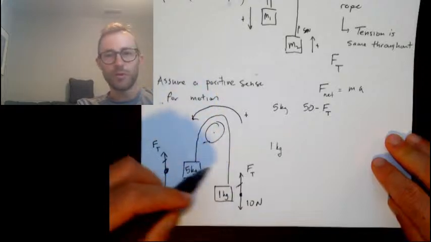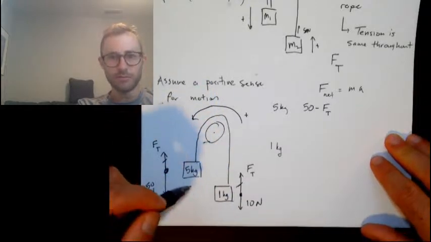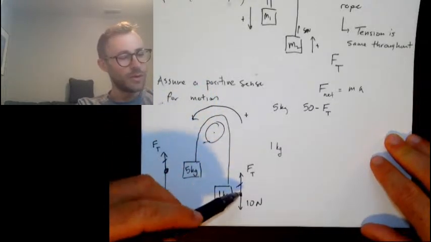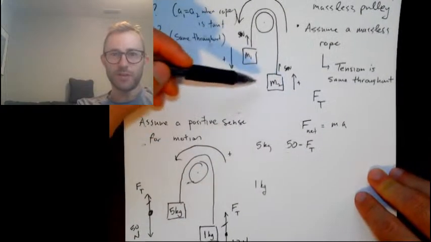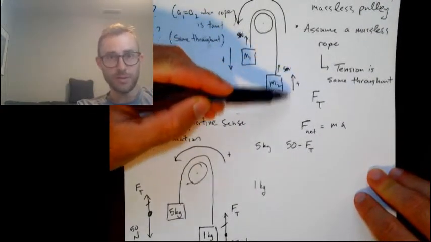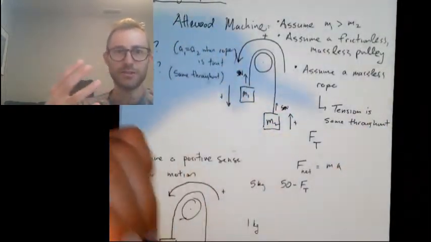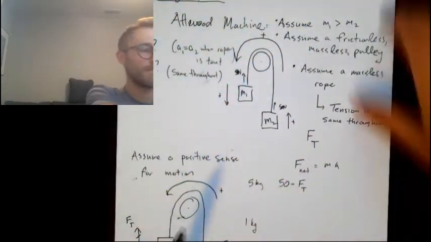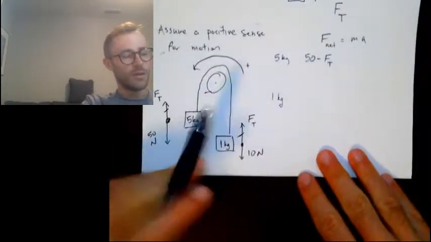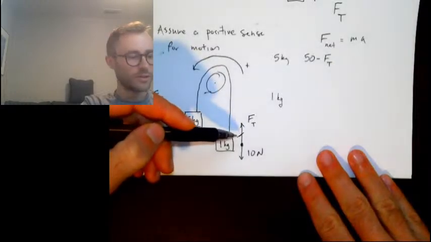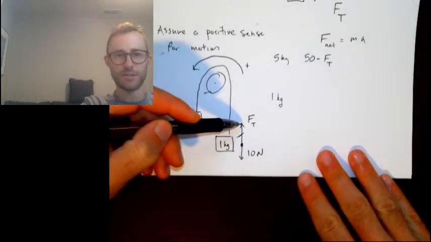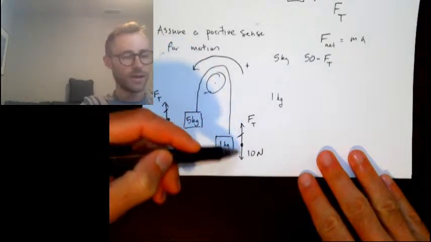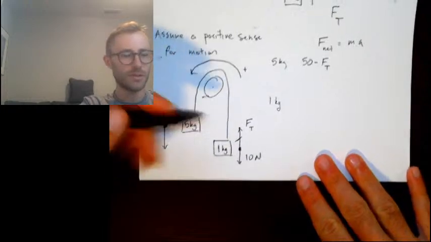The net force for the 1 kilogram mass, on the right, upward is positive because of the positive sense, which is this sense. So the positive force for this one is going to be F sub t because it's going upward, and the 10 newtons downward is going to be negative.